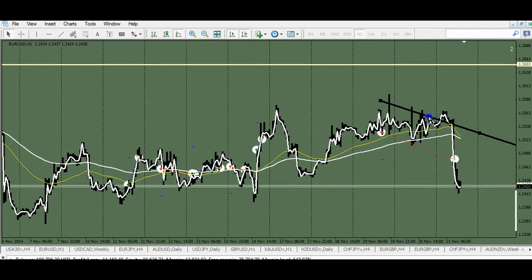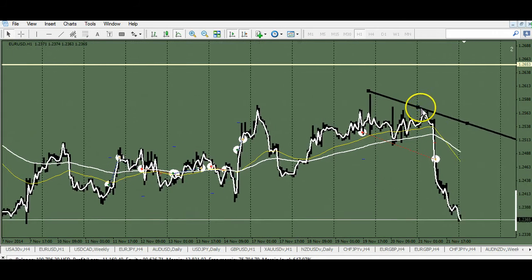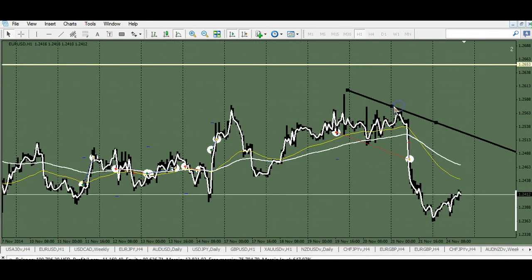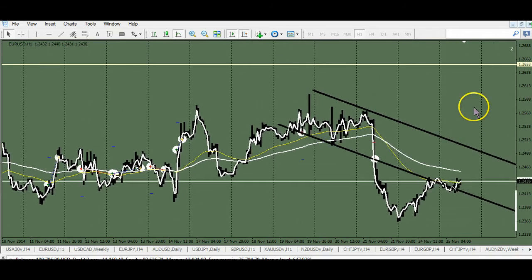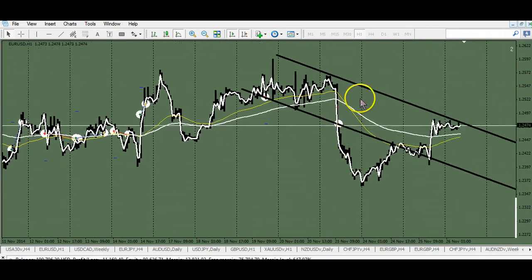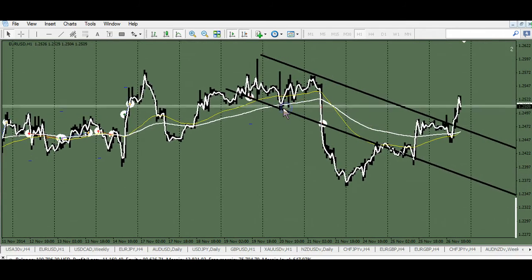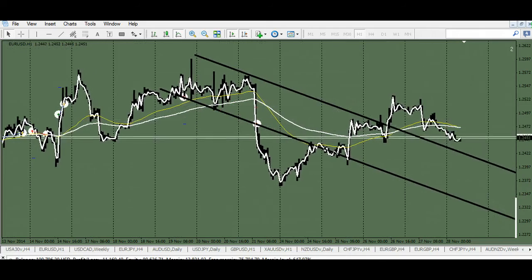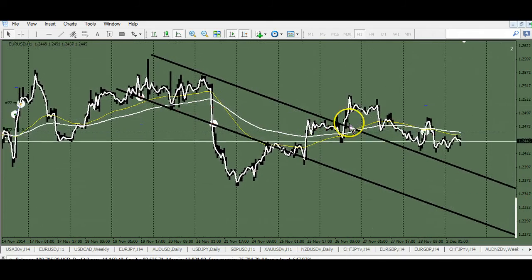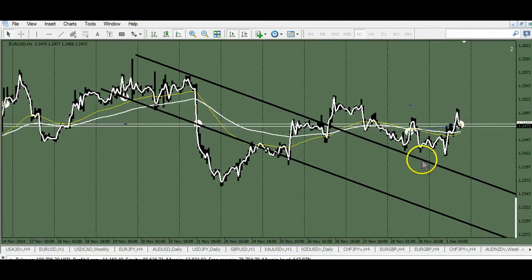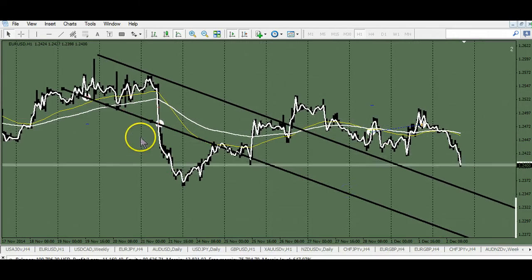So here's your, let's copy that. Right, so there's your median line, right? Here's your, see how that's better than the moving average, because it's showing me what is possible.